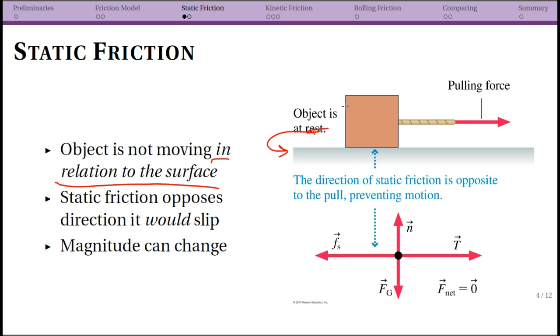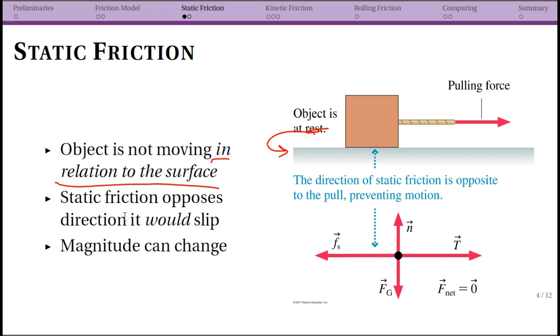And we'll actually do calculations related to this where, for instance, you have an object in a truck bed and you have to think if the box or the object is not moving with respect to the truck, static friction is what matters. Even if the box is going down the road, you only think about it with respect to the surface.